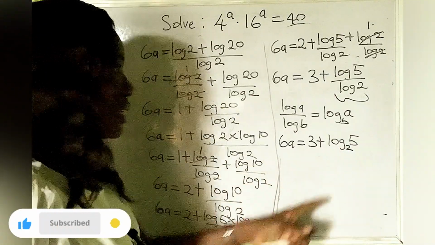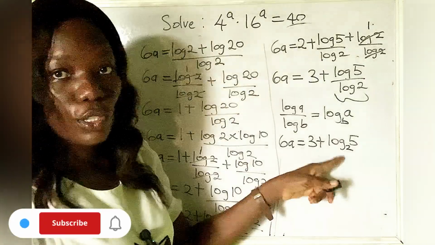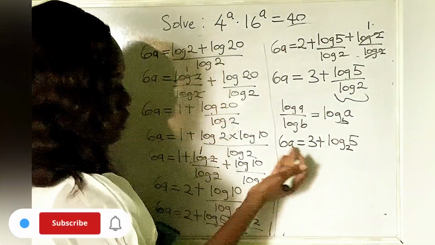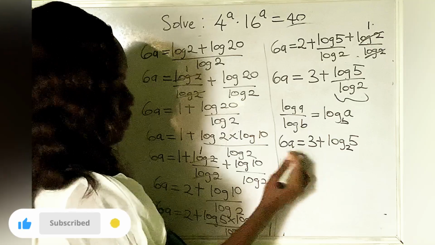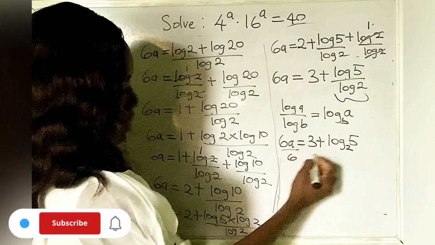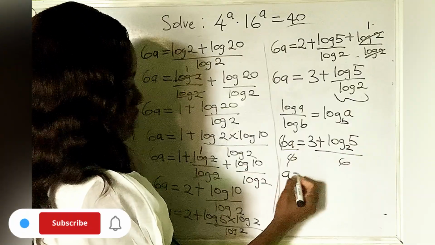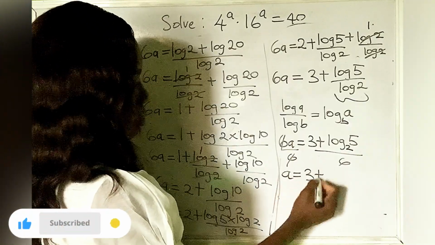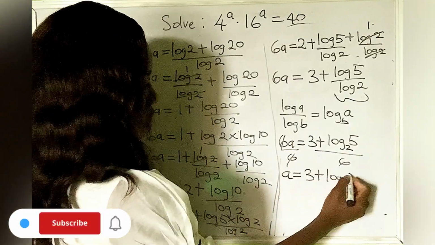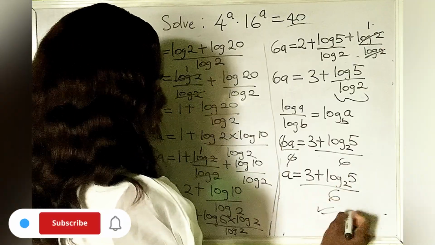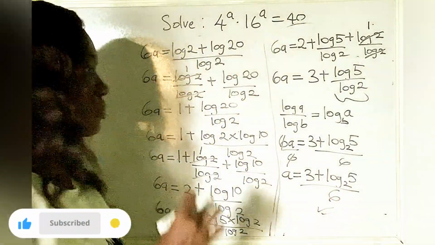I said that the denominator will become the base of the logarithm, just like how this rule applies. So we're looking for the value of a. Let's divide both sides by 6. 6 here 1, 6 here 1. So a is equal to 3 plus log 5 base 2 all over 6. This is our answer.